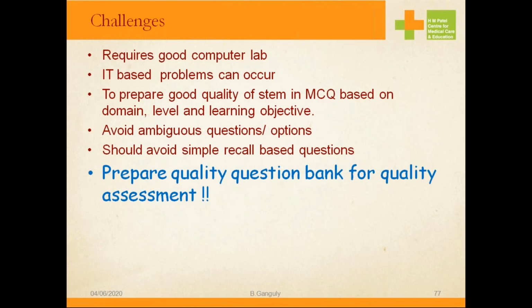And if we really use this type of software or program, we should avoid simple recall-based questions. So that will serve our purpose of the domains, the SLOs and all those things, and we can address them in this simple way. It is a cost, it is not free.